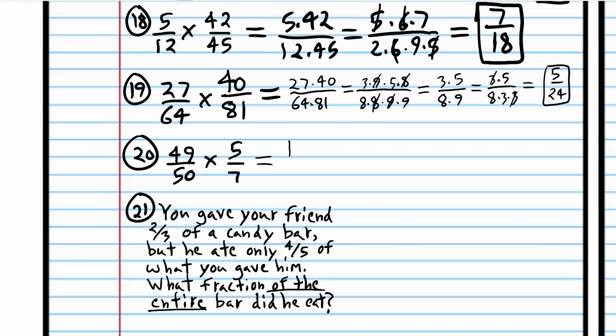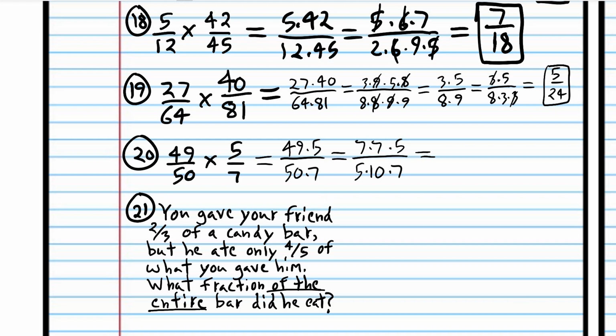All right, we're back. 49 times 5 over 50 times 7. And again, these are big numbers, so that's why we're not just multiplying straight across. We're keeping them in factored form. I know I have a 7 on the bottom, so I'd like to factor 49 to get some 7s, but I know from my multiplication facts, 49 is 7 times 7. 50 is 5 times 10.